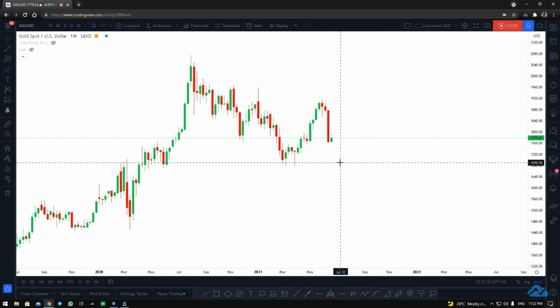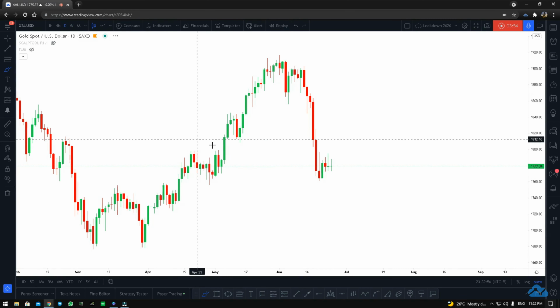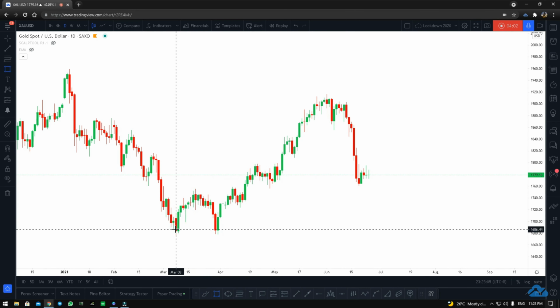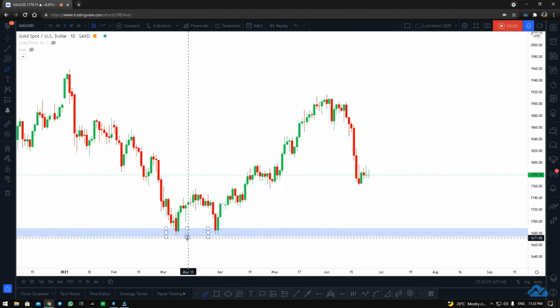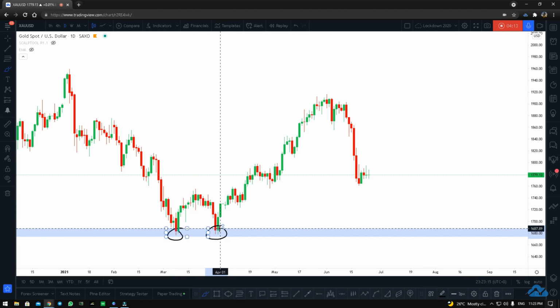Okay, so let's go down to the daily time frame and have a look at what kind of price action we have on the daily time frame. Now, I just want to point out to you guys that over here we all know that gold made a double bottom. This double bottom was extremely bullish momentum.